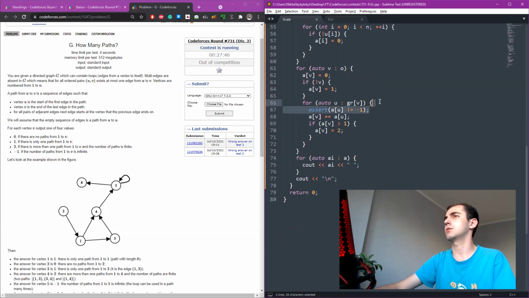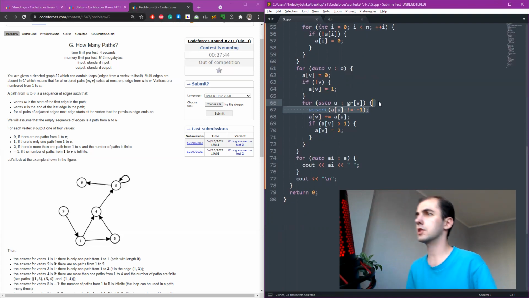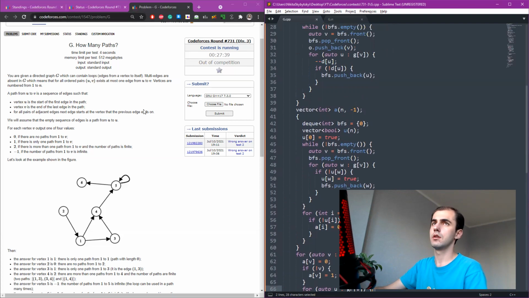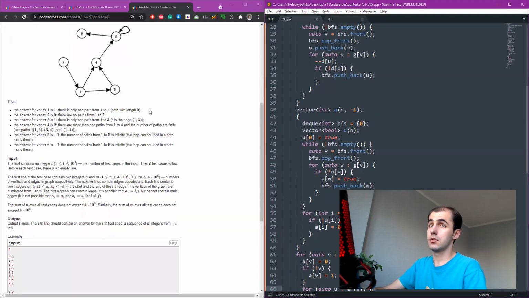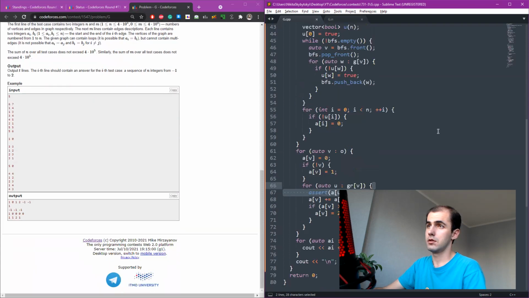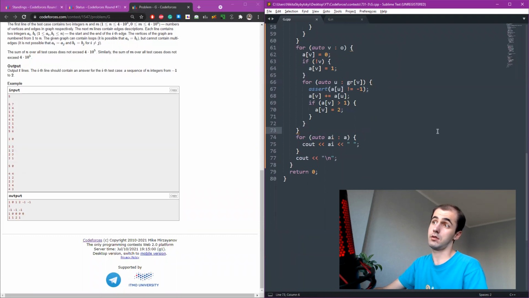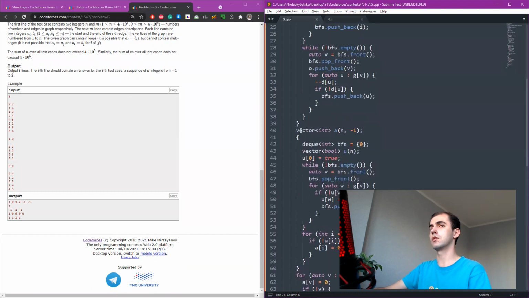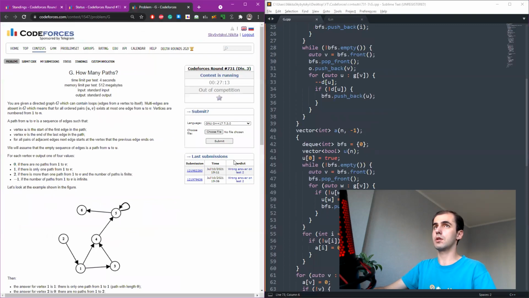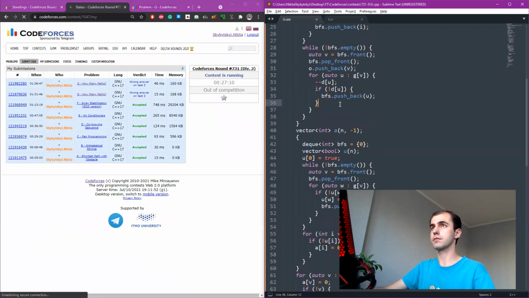I don't really know. We did not change anything in our code, so it can't get accepted. I'm completely clueless about what went wrong. I probably don't want to do that.